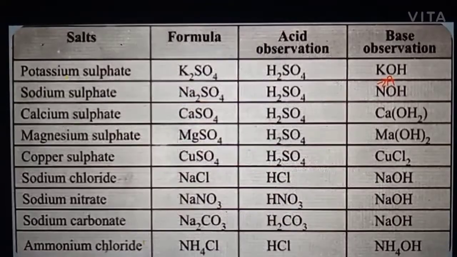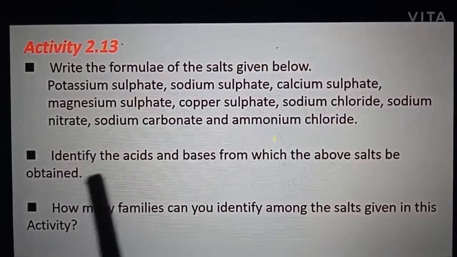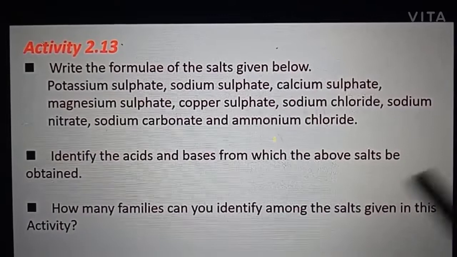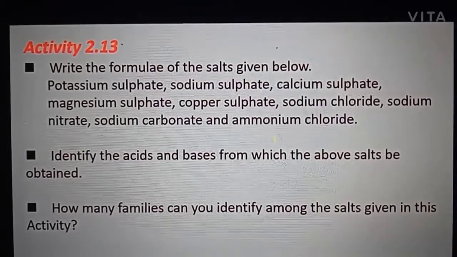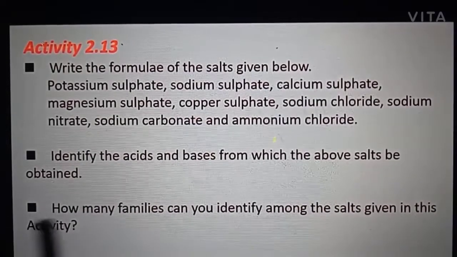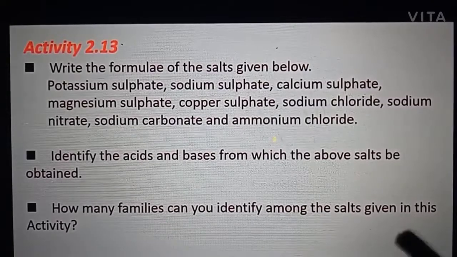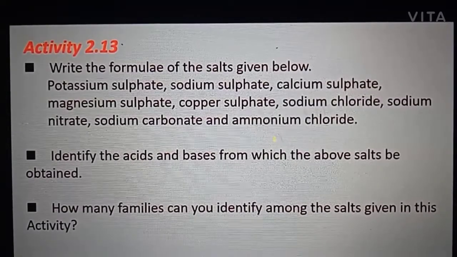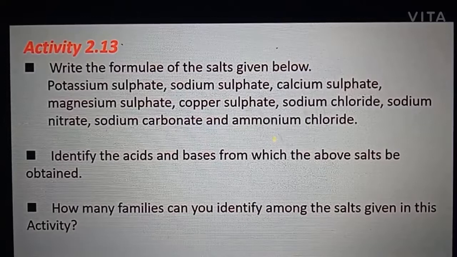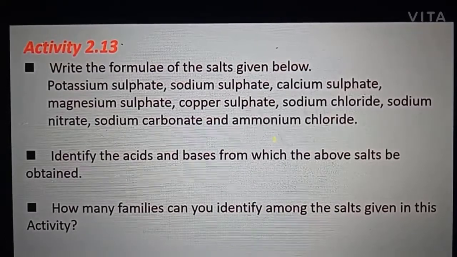That is the second point they have given: identify the acids and bases from which the above salts are obtained. We have written the acids and bases, and how many families can you identify among the salts given in the activity? Families means, on the basis of the radical, you have to say which family it belongs to.